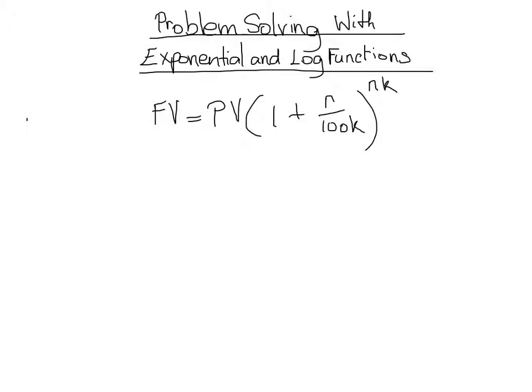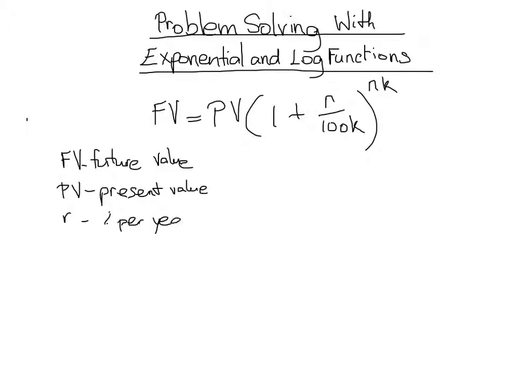So again, FV is future value, so what you end up with. PV is starting value or present value. R is the percent interest per year, so I'll just put the percent sign here, percent per year.